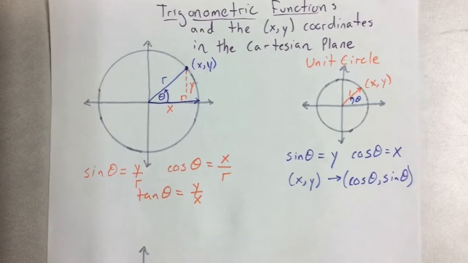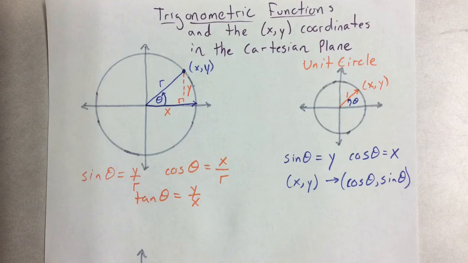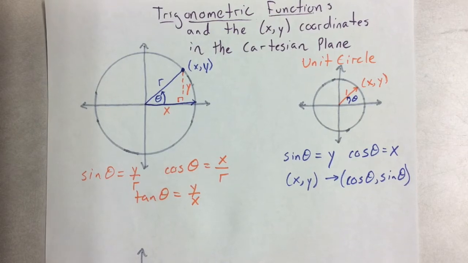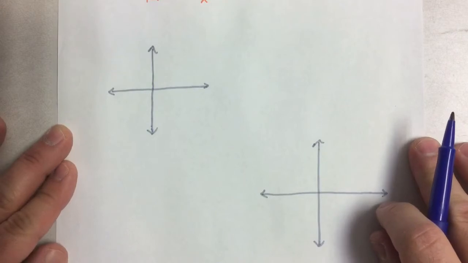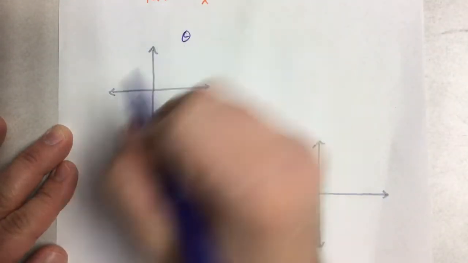So let's actually look at an example. The main part of this video, what we're focusing on, is the trigonometric ratios when we have an angle meeting at a point. So let's look at theta.